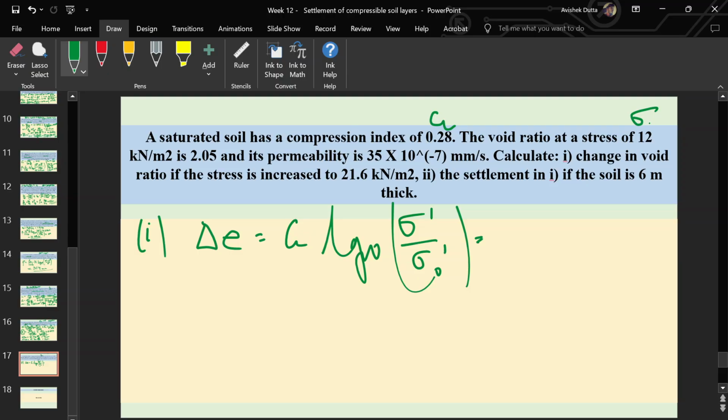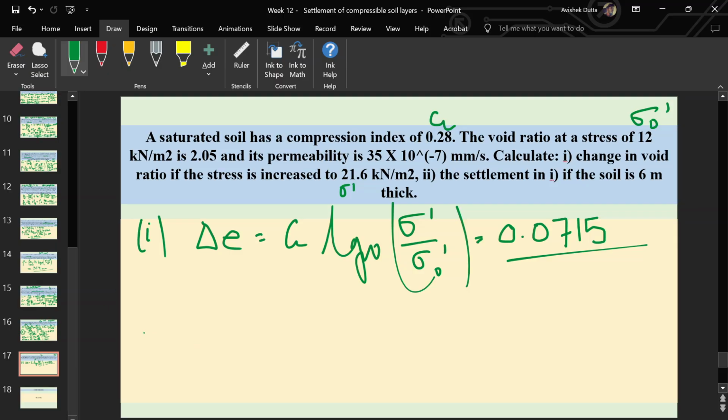Sigma 0, 12. This is sigma final. So putting all the values, approximately you will get 0.0715. This is the value of the change in void ratio.